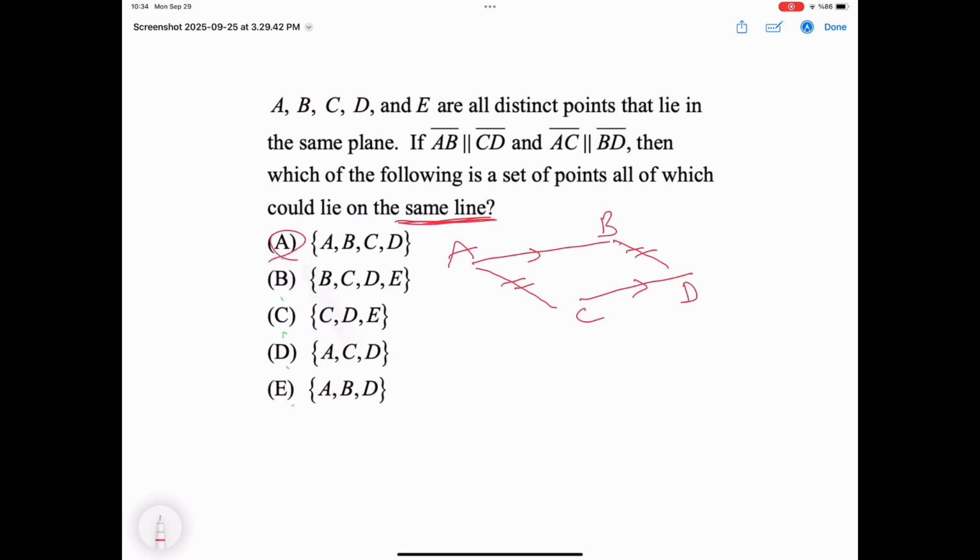So this one says that A, B, C, D can be on the same line, but it can't, because if we put A and B on the same line, then we can't put D on the same line as well. I mean, it should be on a different line. What about B, C, D, E? Because we have this E here, and we can put this anywhere we want.